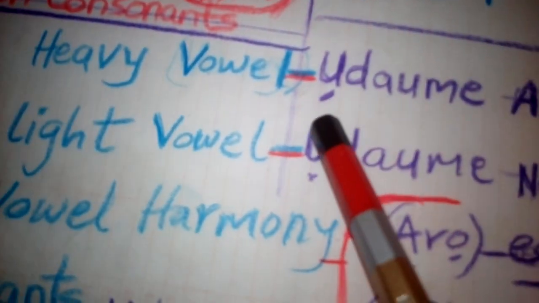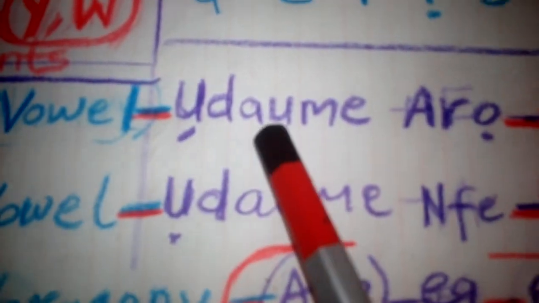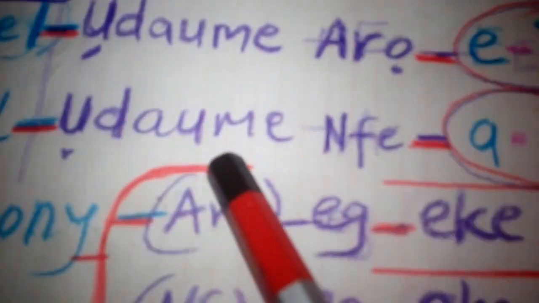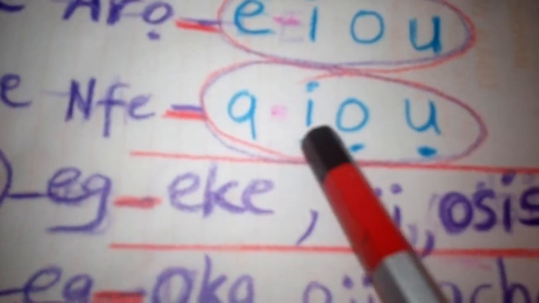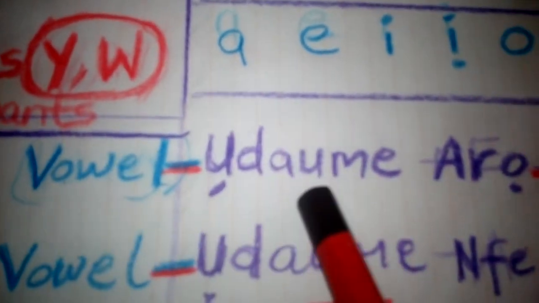Sorry, I omitted that. So when you look at this, you should know that there are two words. Oda goes with a group of mfe, Udaume mfe. It goes with this group, while ume goes with this. So it means that there are two words joined together. That's how to know.